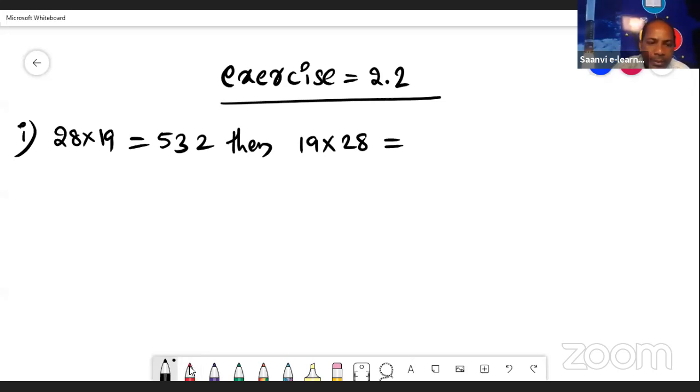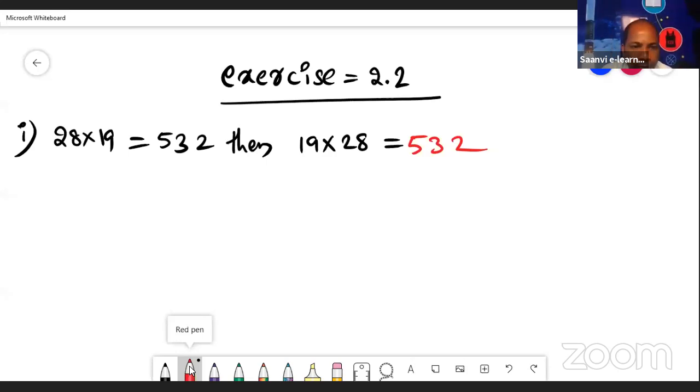We get the same answer, that is 532. So how are you saying we get the same answer 532? Because of the commutative property. The commutative property says that when we multiply any two whole numbers in any order, we get the same result.